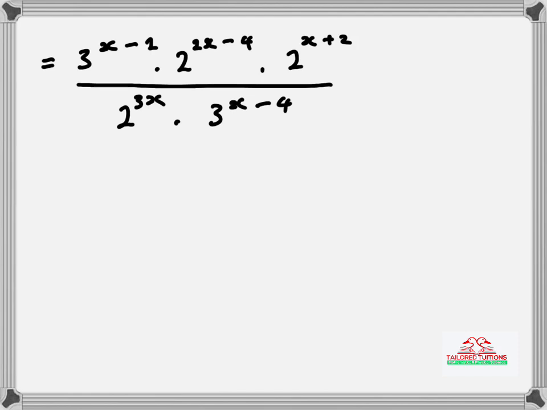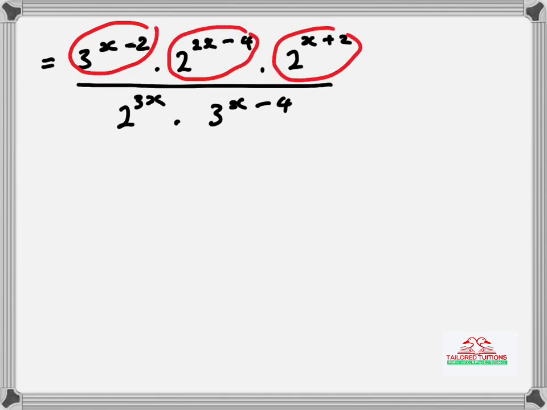Now in this step, good people, sorry I made a mistake here, the way I wrote it is not clear. So it is 3 exponent x minus 2. Now looking at it, there is a mistake we usually make. You see, most of the time you see this is a power, this is another power, this is a power, this is another power, and these powers are separated by what?